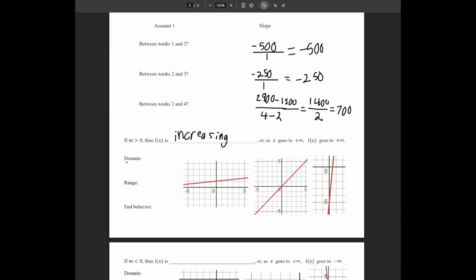Your domain, again, all lines have a domain from negative infinity to infinity. Same thing with your range, negative infinity to infinity.